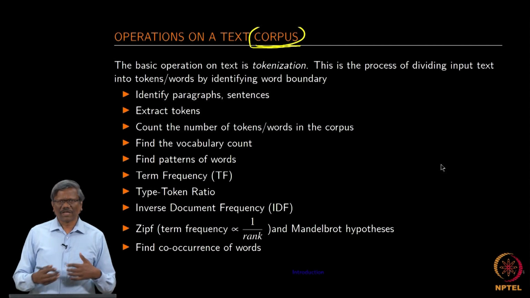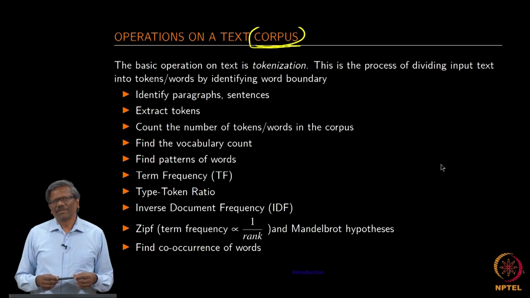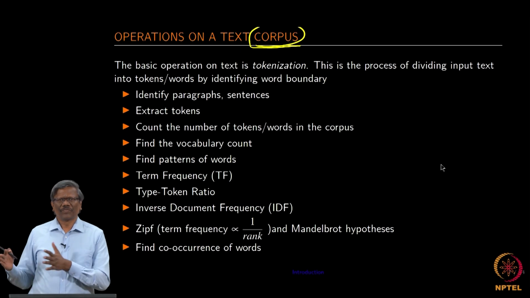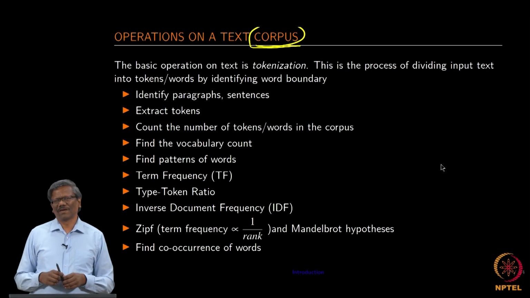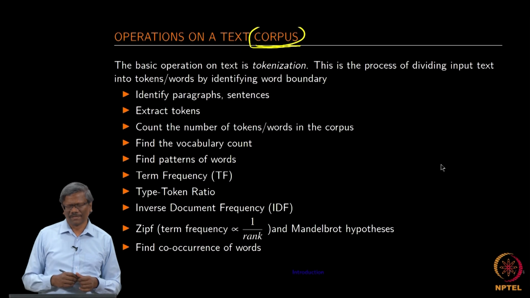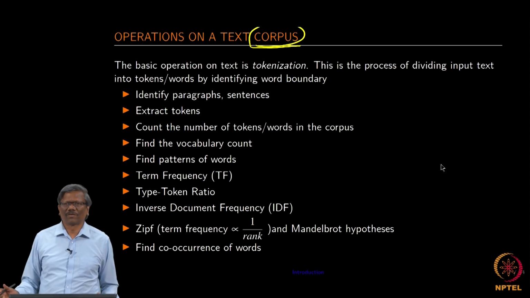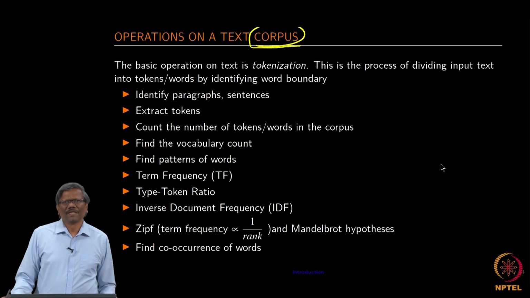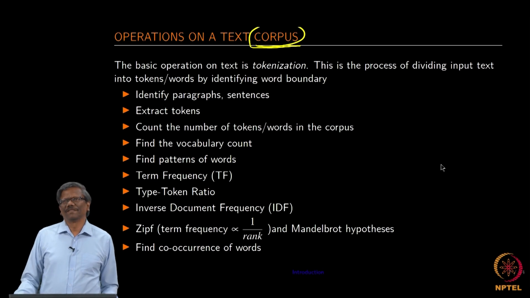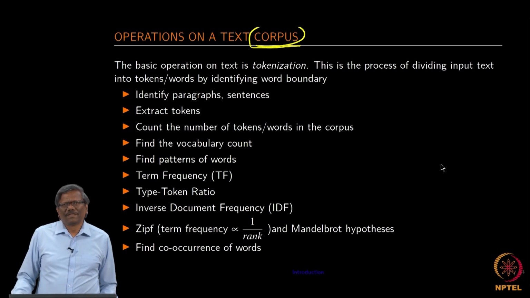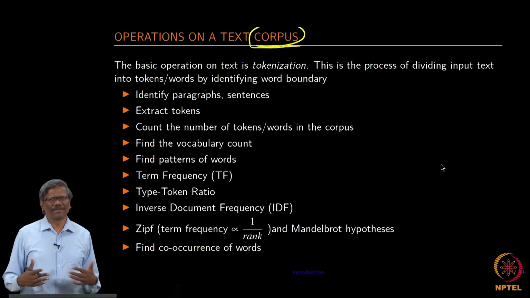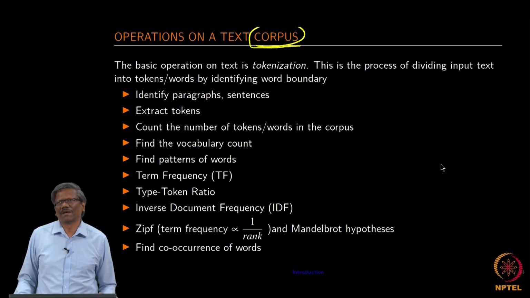Since we are talking about a corpus, it is going to have lots of words, and that is the first thing we want to look at. Okay, it contains about 1 billion words, or 500 million words, or about 50,000 vocabulary, and the rest of the words are repetitions of the vocabulary.